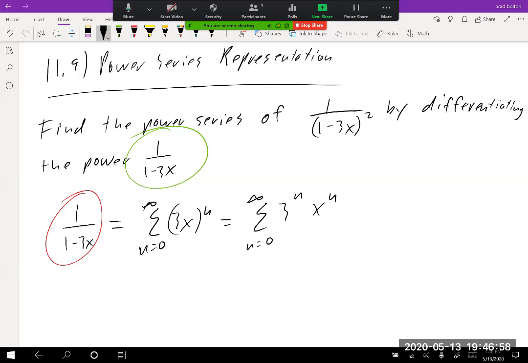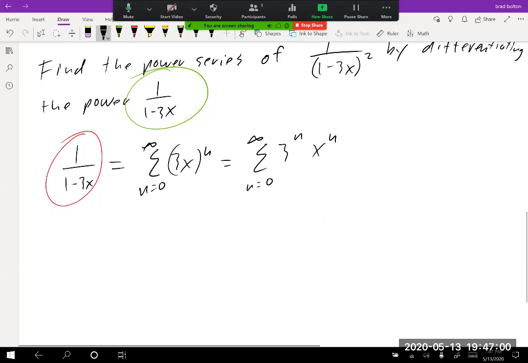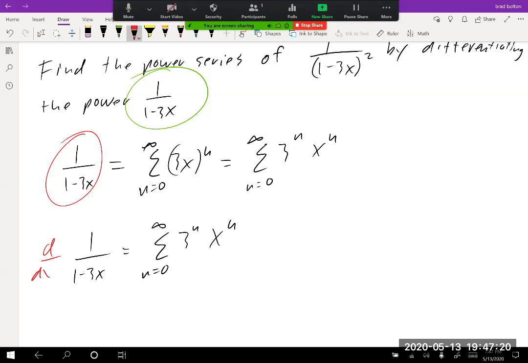So now I can say that 1 over 1 minus 3x is equal to the summation n equals 0, 3 to the n, x to the n, somewhere, right? We know that it's going to be a good representative somewhere, we think. All right, so now I'm going to take the derivative of both sides. I'm going to d/dx both sides.